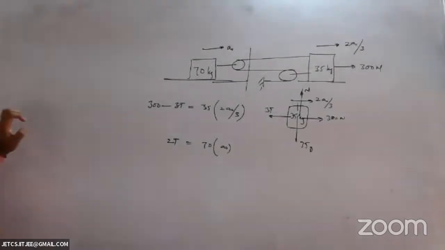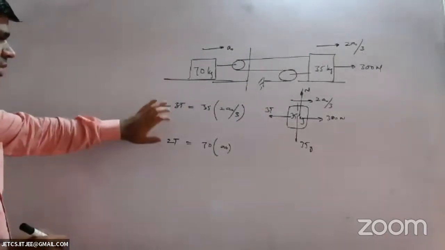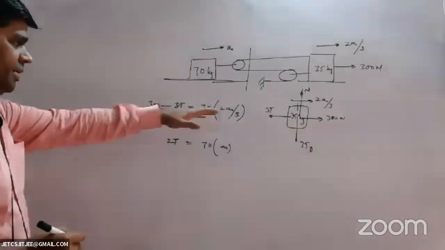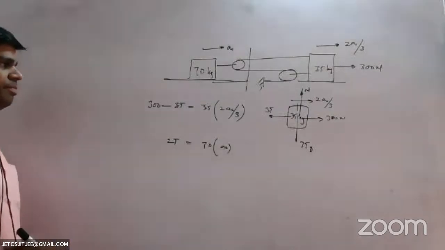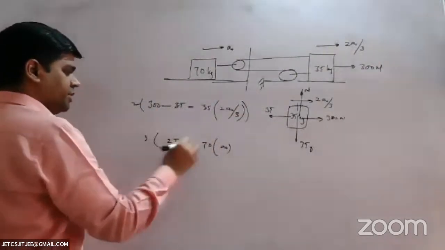How do I solve this equation? I multiply this equation with 2, multiply this equation with 3. T gets cancelled out. I'll add these two equations. I'll get a naught from here. Can you tell me what is a naught? I multiply this with 2. I multiply this with 3.